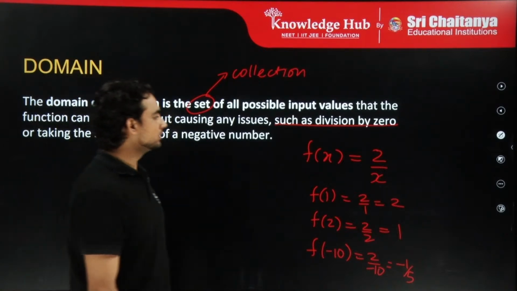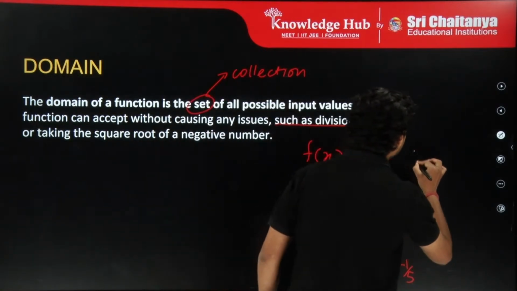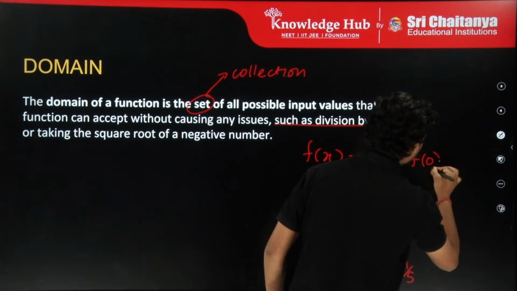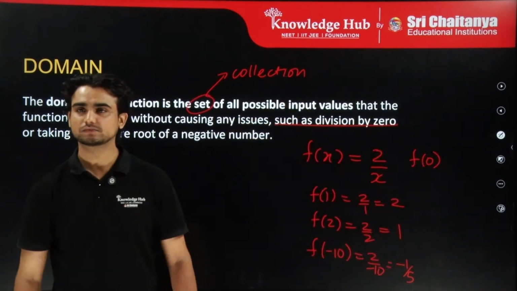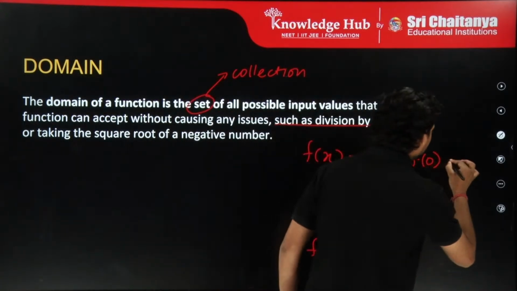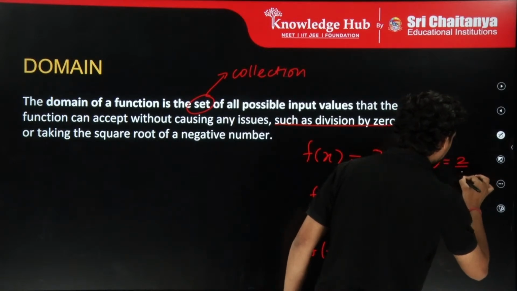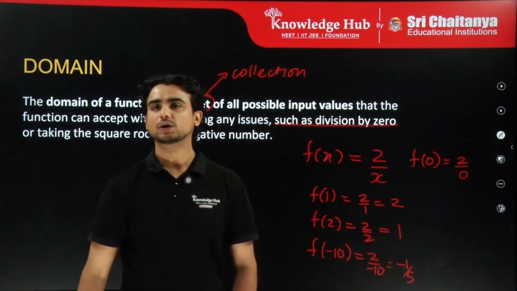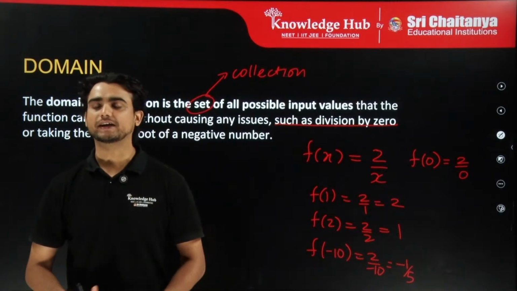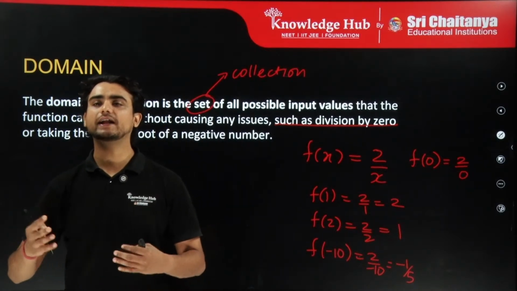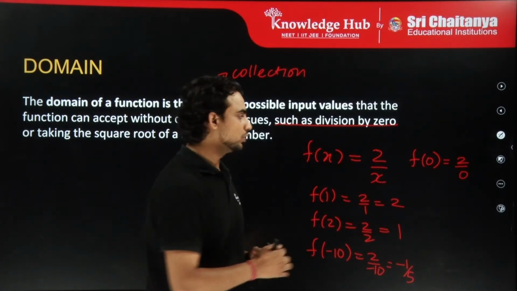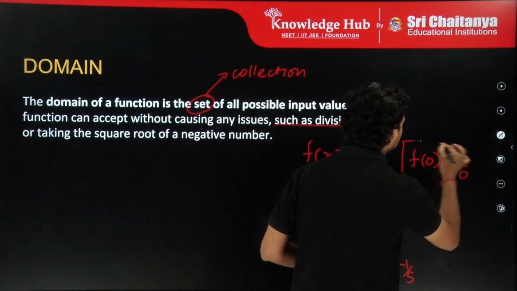But let's suppose I put x equals 0 as my input. So what do I get? I get 2 upon 0. Now what is 2 upon 0? 2 upon 0 is not defined, right? I cannot divide any number by 0. So I have an issue here.